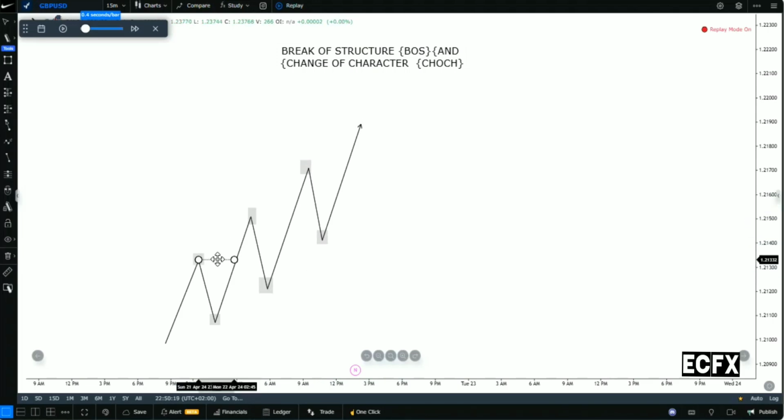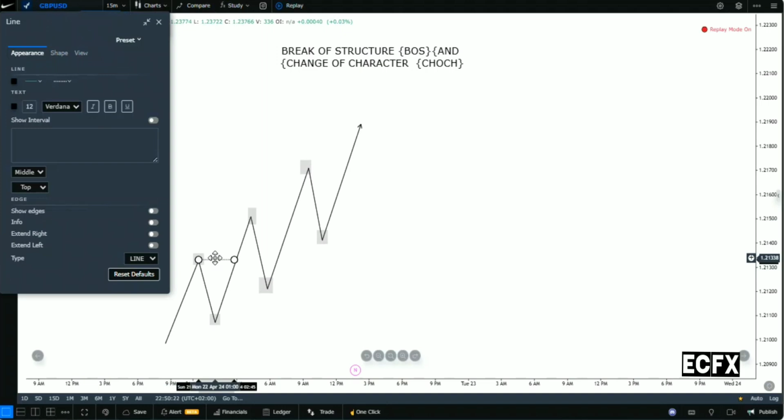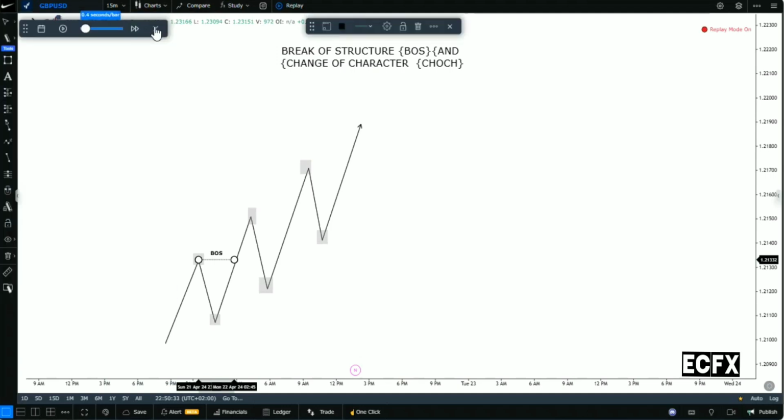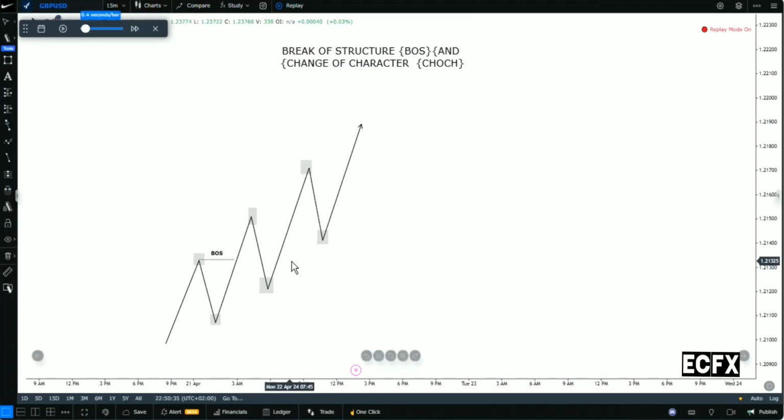In this case over here, we call that a break of structure. Let me just label that for you. We call that a break of structure, and the only reason is because price put in place a new high, and then put in place a new low, and from this low price broke this high again, meaning price took out this previous high over here.